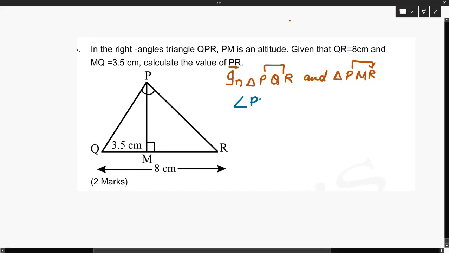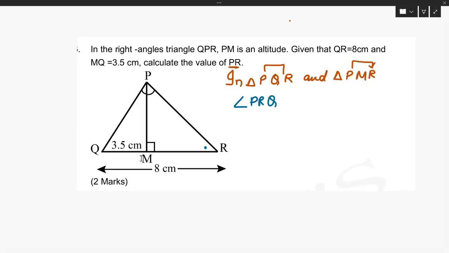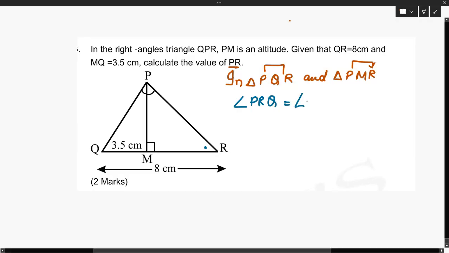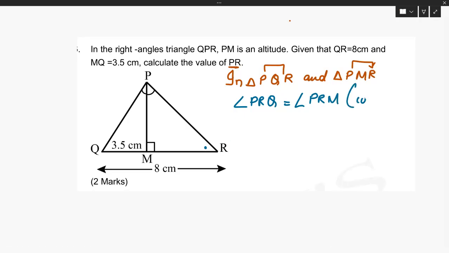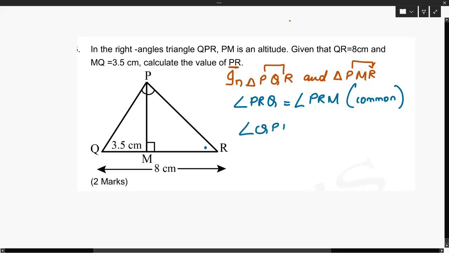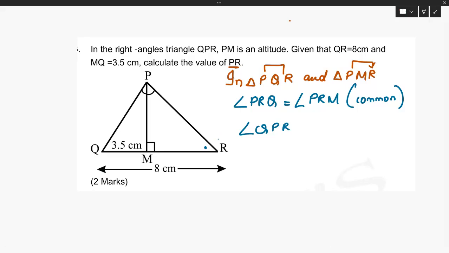Angle PRQ. Oh, this one is the common one. Sorry, PRM. For the bigger triangle and the smaller triangle, R is common. Then we have to take that 90 also, no? Angle QPR. Oh, correct.